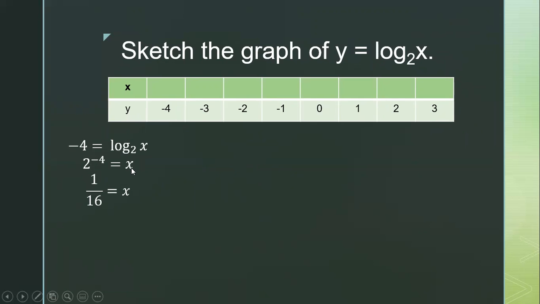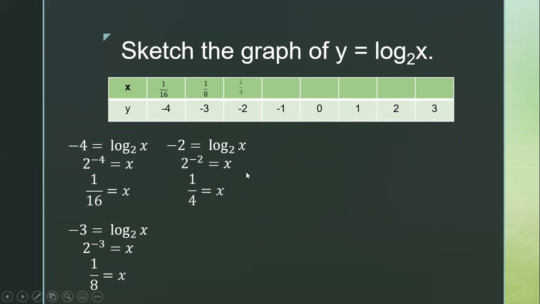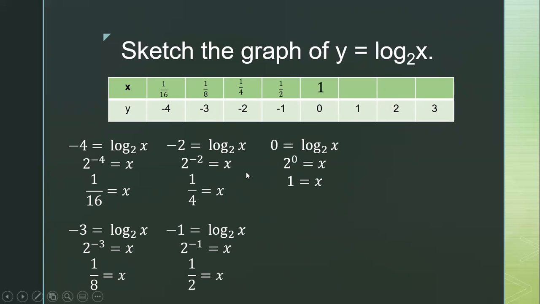Then transforming that to exponential form, we have 2 raised to negative 4 equals x. Therefore, x is equal to 1 over 16. Doing the same thing from negative 3 to 3, then we will have this one. So these are the solutions.